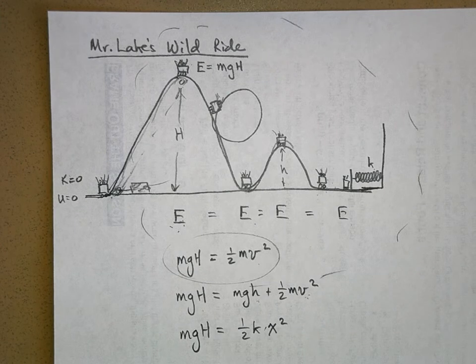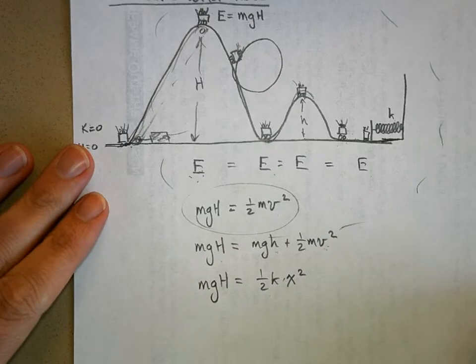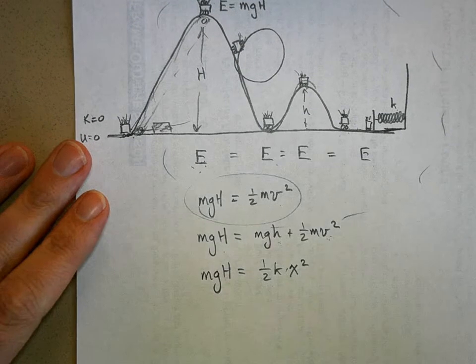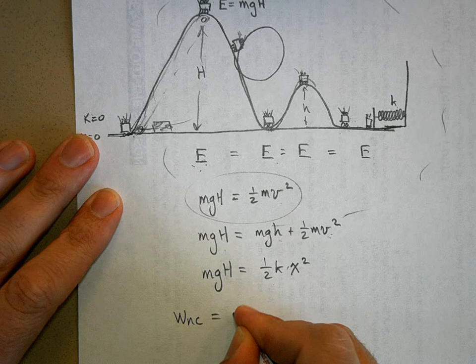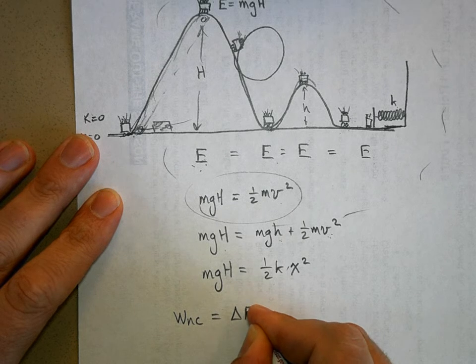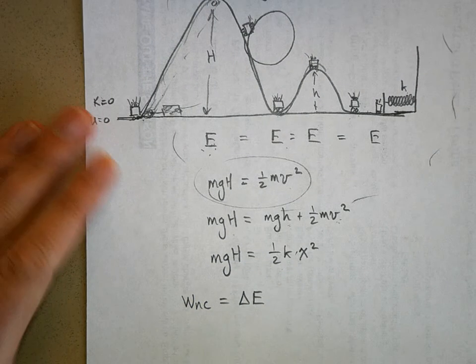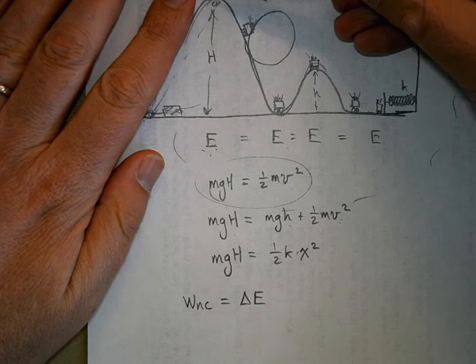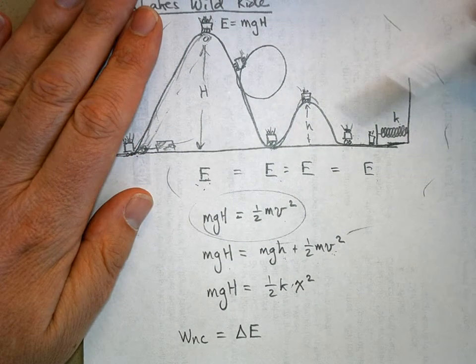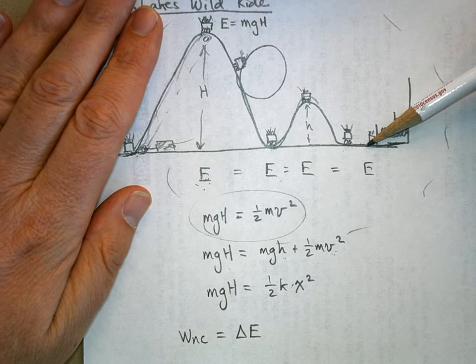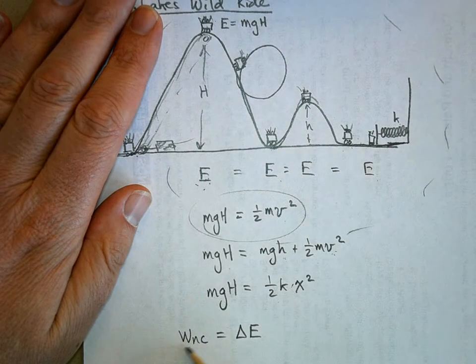Last thing, now watch this. This is why, and this is not in your book, so I'll finish on time, I promise. The work done by a non-conservative force is equal to the change in mechanical energy. Well, in the second half of the problem, over here, from here to here, there are no non-conservative forces.